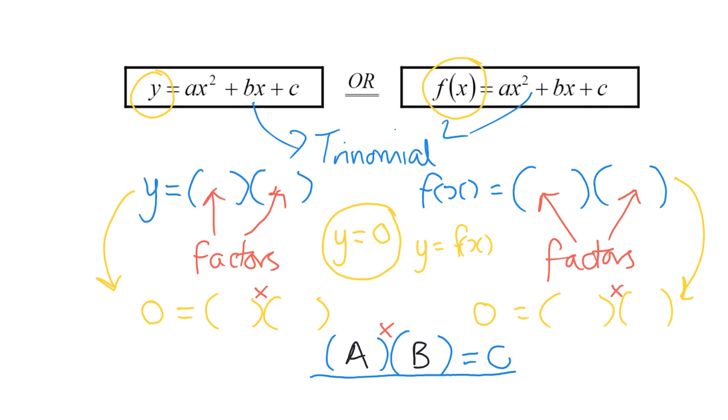We're wanting to find values where y equals 0. So what impact does that have on it? If we take simply this last section here, we've got A times B, ignoring the fact that it's going to be brackets, and that multiplies to give us 0. What are the possible solutions?